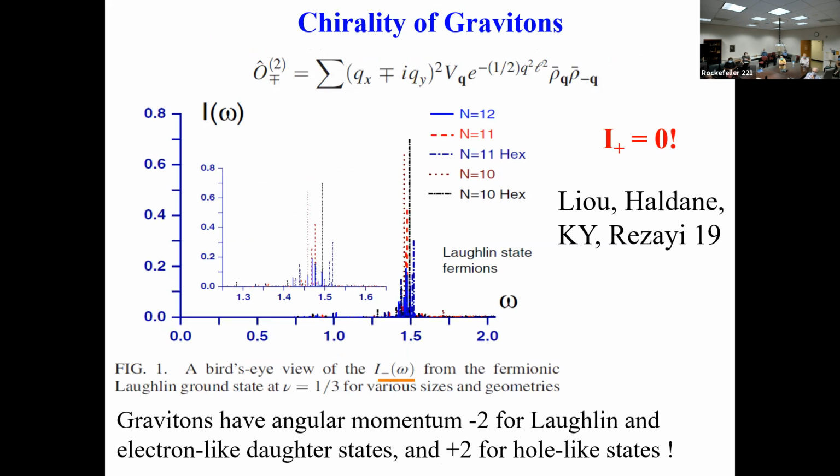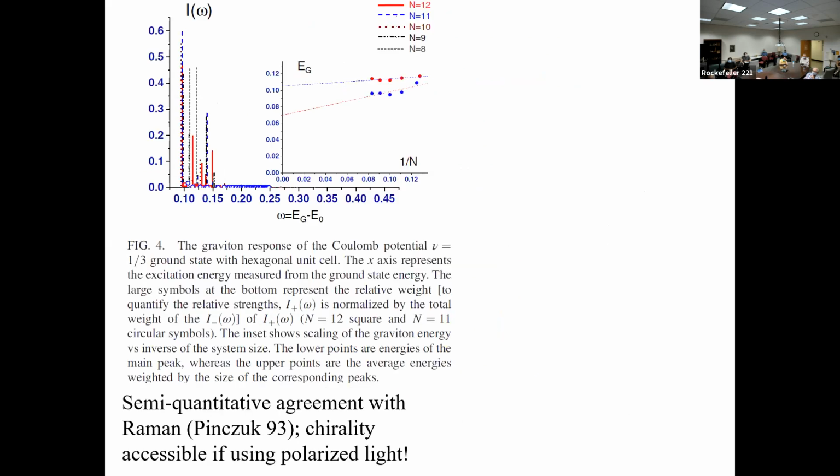So this is revealed in the spectral function. You can decompose the original spectral function into 2 pieces. One corresponds to +2 excitation, one corresponds to -2 excitation. And we find that for the Laughlin state, you only have the -2 excitation. And we have a very simple way to understand that.